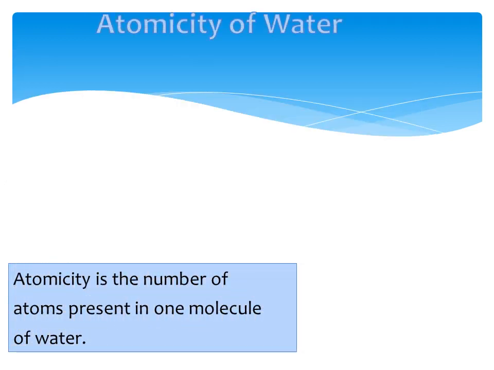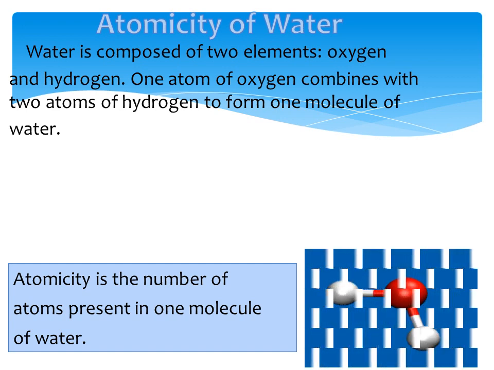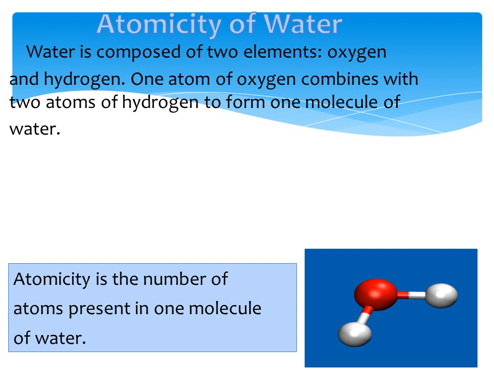Atomicity is related to the number of atoms present in one molecule. When you look at the structure of water, it consists of two elements, oxygen and hydrogen. One atom of oxygen combines with two hydrogen atoms in one water molecule. The red part is oxygen, which is slightly bigger than the two white balls.